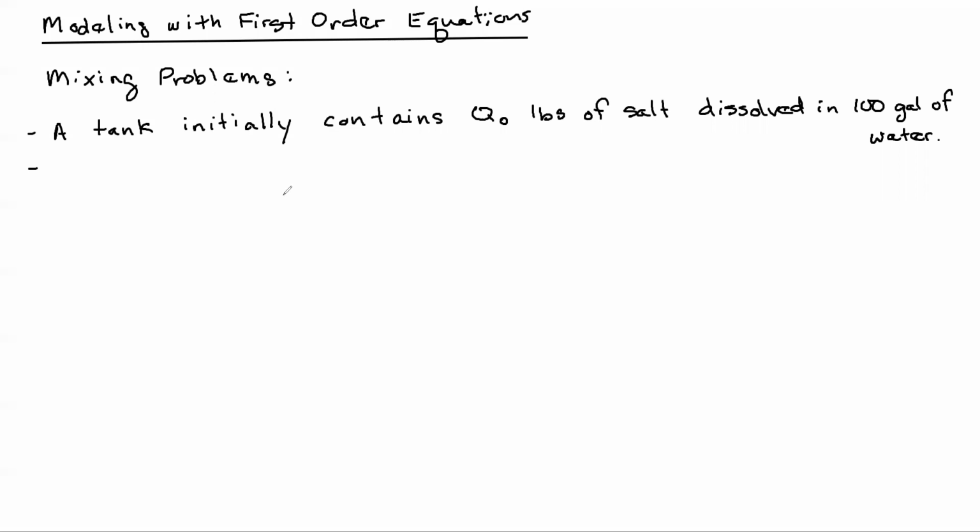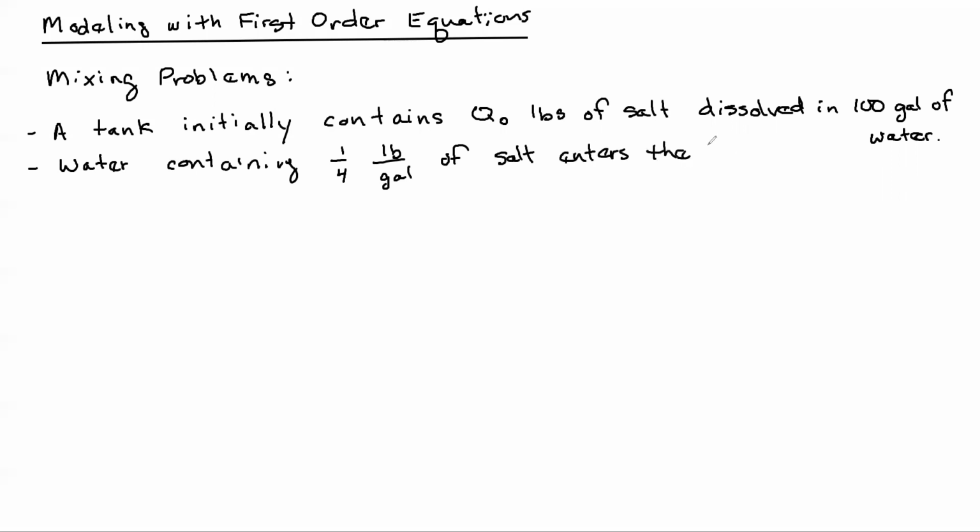We also assume that water containing ¼ pound per gallon of salt enters the tank at R gallons per minute.